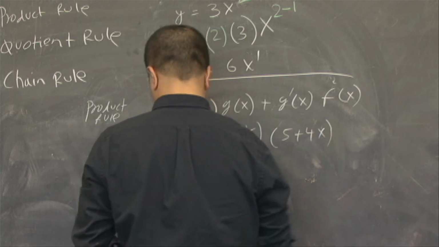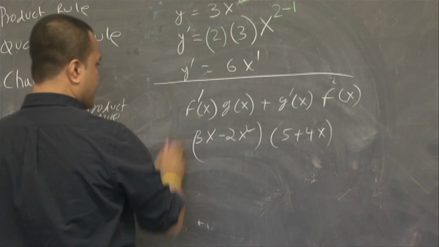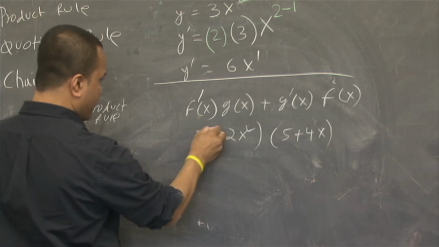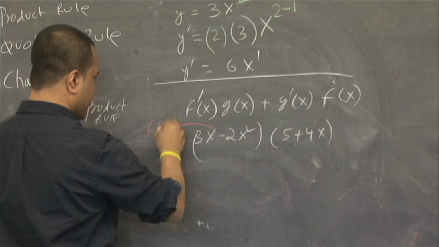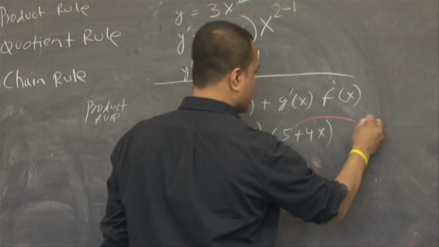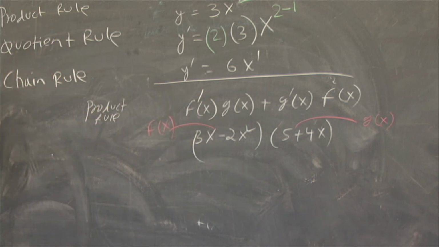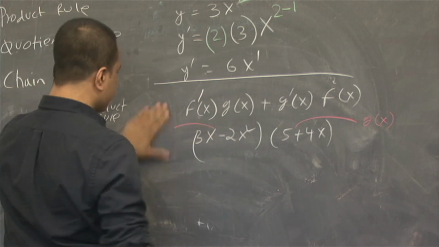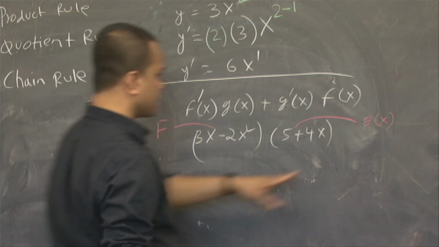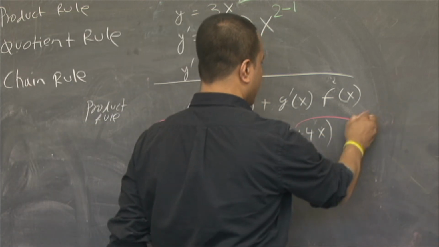All right. Now, what does that mean? That means this guy is f of x, right? And this guy is g of x. Or you don't even have to use this fancy notation. You can call this guy the first and this guy the second, all right?